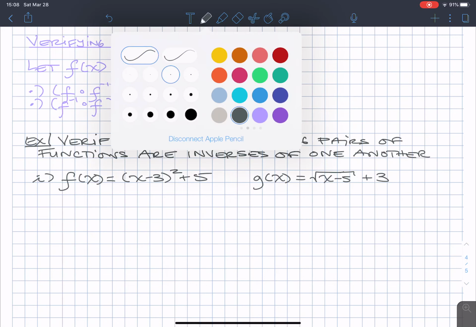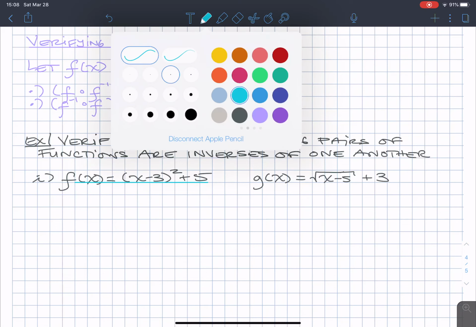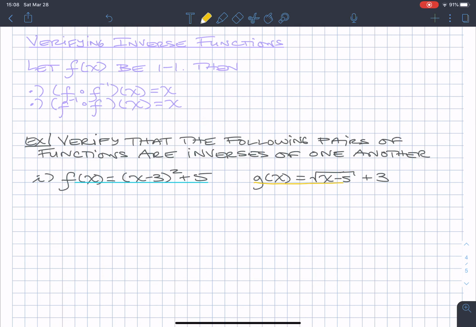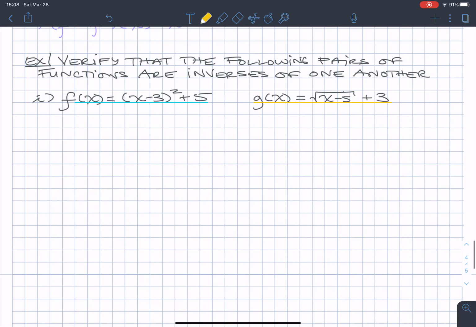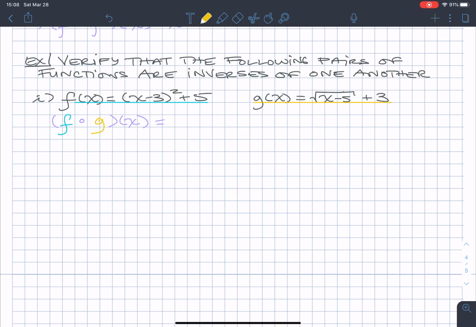Okay, so let's call f of x blue and g of x yellow. And first, let's evaluate f composed with f inverse of x. I don't know that it's f inverse. It's g for the moment.